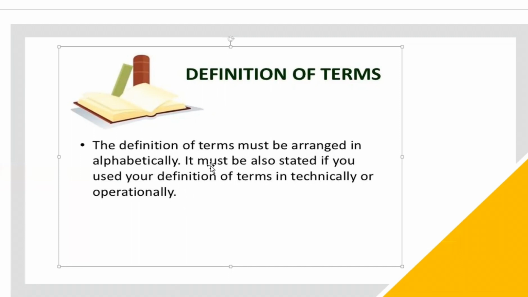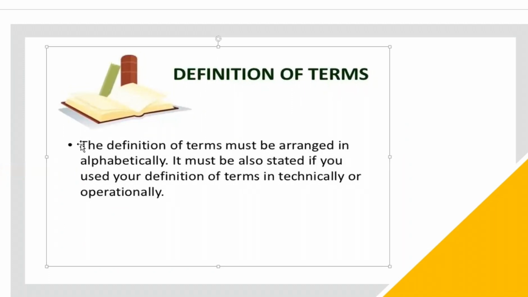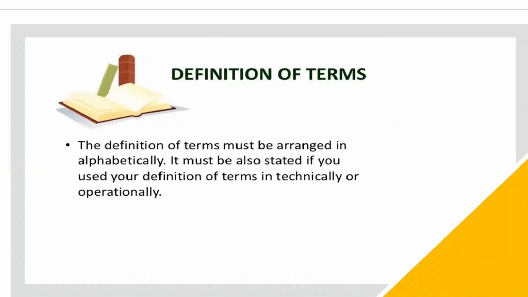It must also be stated if you use your definition of terms in technicality or operational use. So, in definition of terms, usually hindi po lalagpas sa 15 terms kasi napakahaba na. Ang definition of terms ay hindi po lalagpas ng 2 pages sa isang thesis kasi mahaba na. Piliin mo lang yung pinaka-valuable na terms sa iyong isinasagawang research na may malaking kinalaman sa iyong statement of the problem.